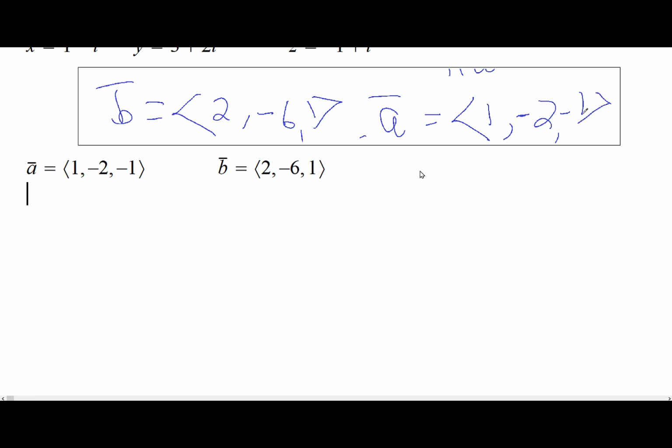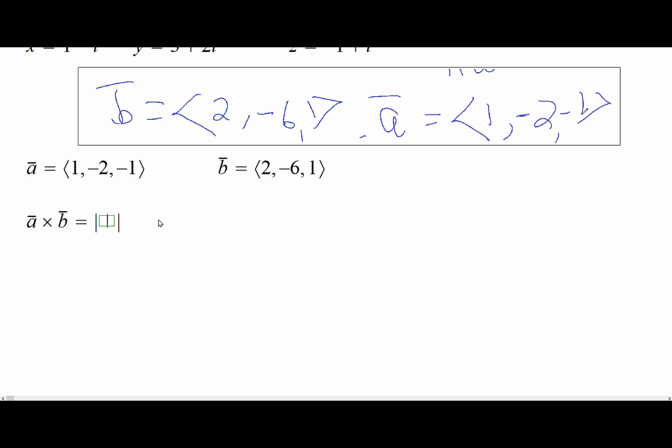Okay, so if we took A cross B, what will A cross B be? We have one way of calculating it. Let's just use that one.